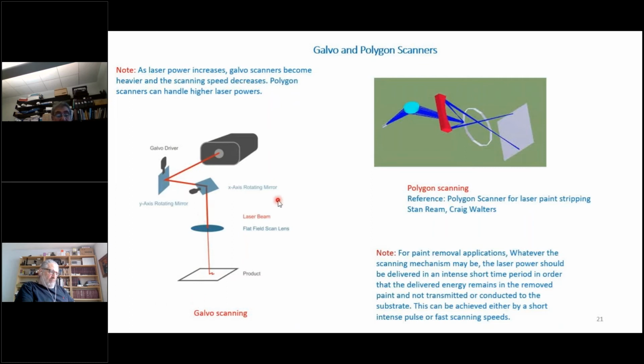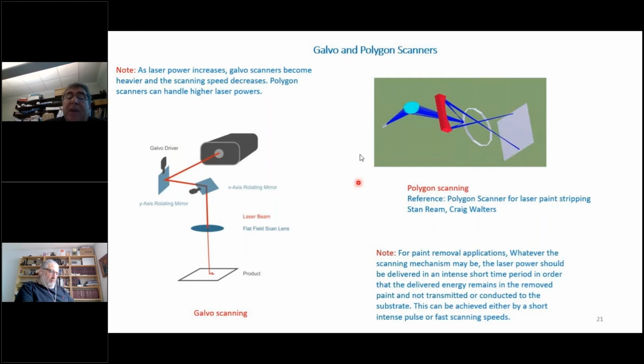But the problem is that as the power increases, Galvo scanners become heavier and the scanning speed will go down. So if you're going to higher and higher power lasers, there's another type of scanner called the polygon scanner. It has multi-facets and it rotates really, really fast. And this way it could tolerate higher energies also from higher power lasers.